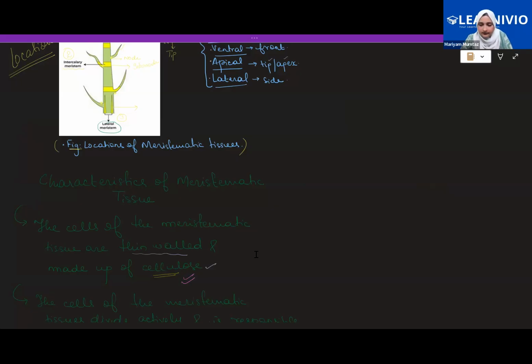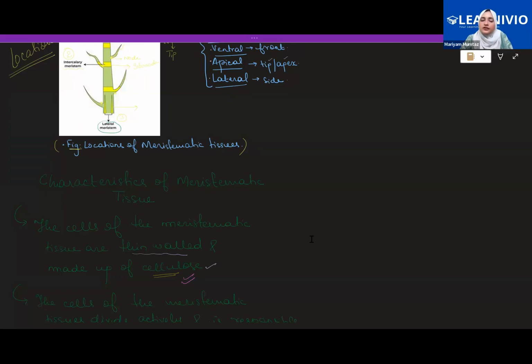Yes. See, meristematic tissues are those tissues that have the capability to divide all their lives. Okay, they keep on dividing and dividing. These tissues are responsible for the growth of the plant in terms of its length, in terms of its thickness, and all of that.